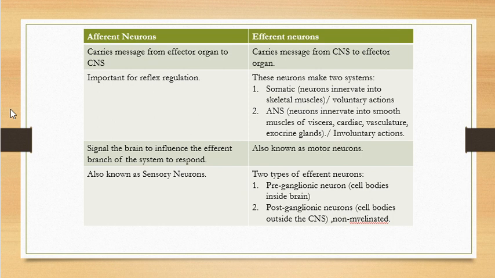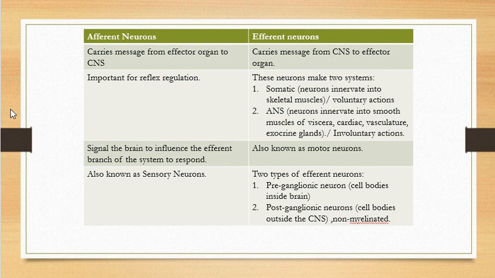Another difference is that the afferent neurons send signals to the brain to cause the efferent branch of the system to respond. Efferent neurons are also known as the motor neurons, and afferent neurons are also known as the sensory neurons.